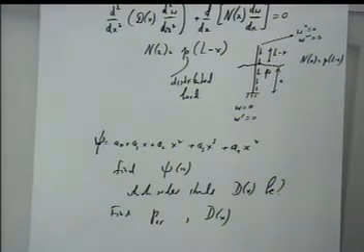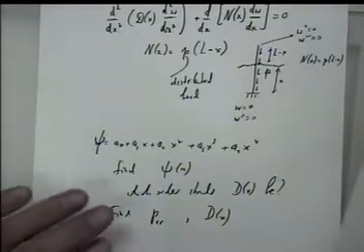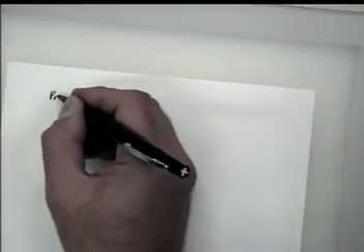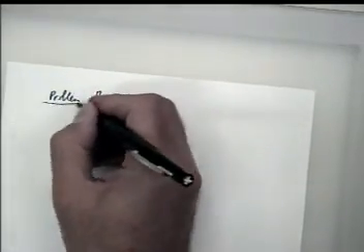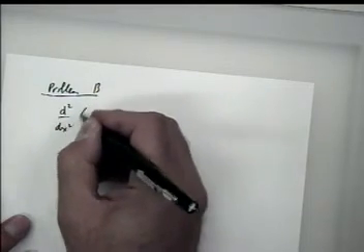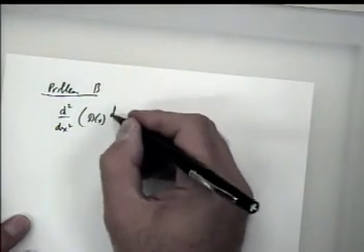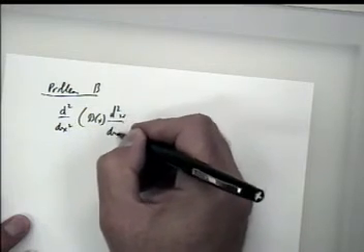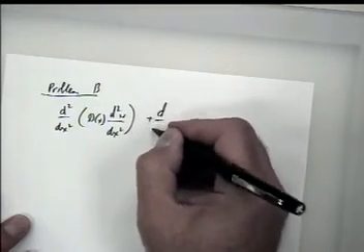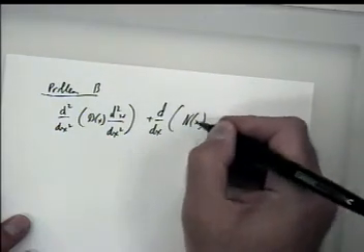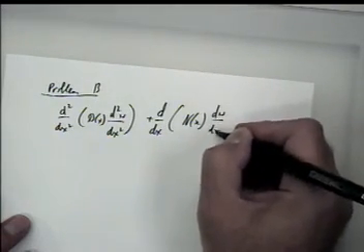Now problem B. So again, the same equation, d2/dx squared of D(x) d2w/dx squared, plus d/dx of N(x) dw/dx equals 0.